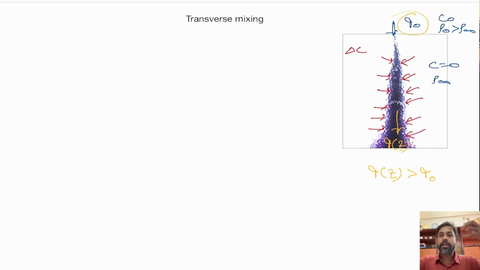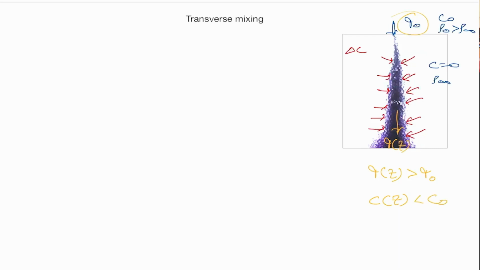Because there is an additional volume coming from the ambient into the plume. Okay, and now because there is mixing from the ambient into the plume, there will be dilution, right? The plume will get diluted as it flows downward, and that is why the concentration at any location c of z will be smaller than c naught, or rho of z will also be smaller than rho naught.